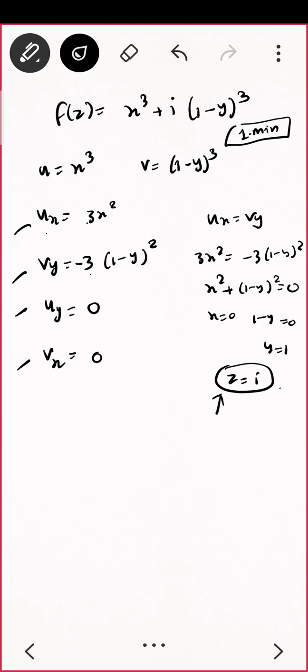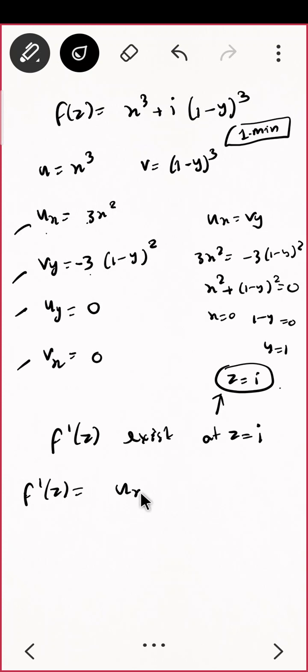So what can I conclude? The derivative exists at z equal to i. This is important, at this point. So what will be the final answer? f dash of z will be ux plus i vx, correct? At z equal to i.